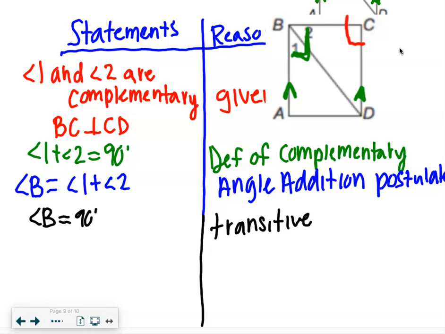Perfect. So now what can I say about AB and BC if this is a right angle? What kind of lines make right angles? Perpendicular. So now I can say AB is perpendicular to BC. Definition of perpendicular.